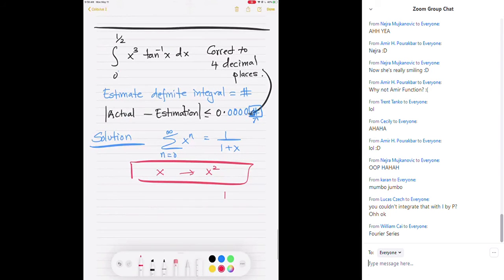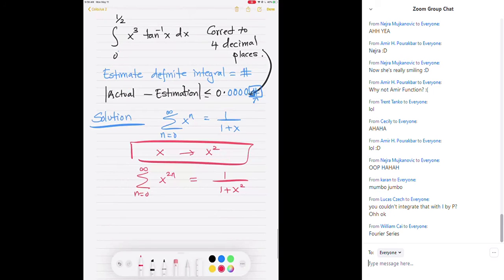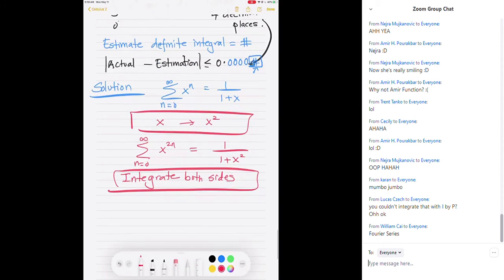So I get 1 over 1 plus x squared. Now I integrate both sides.